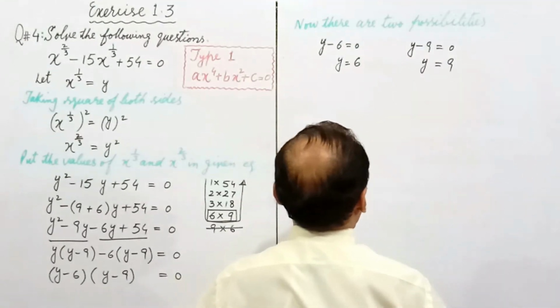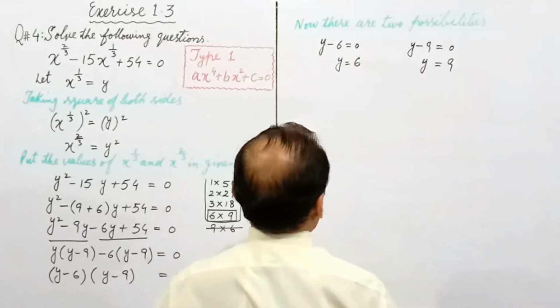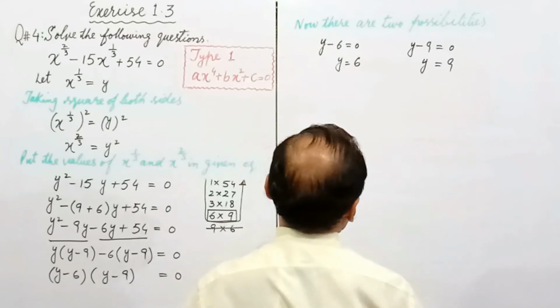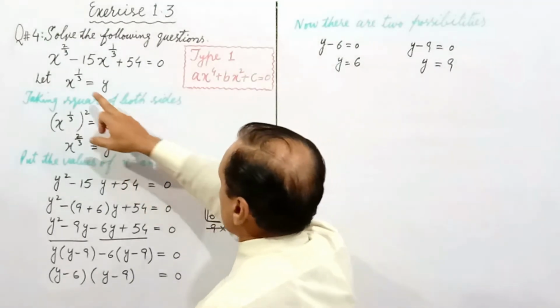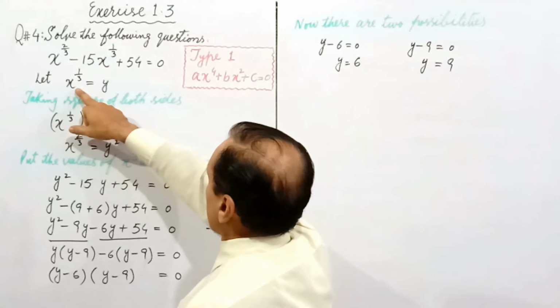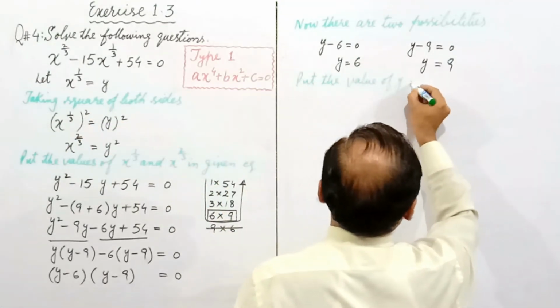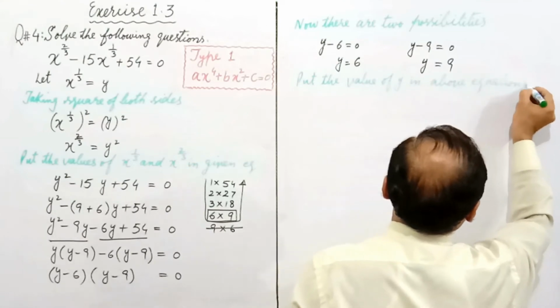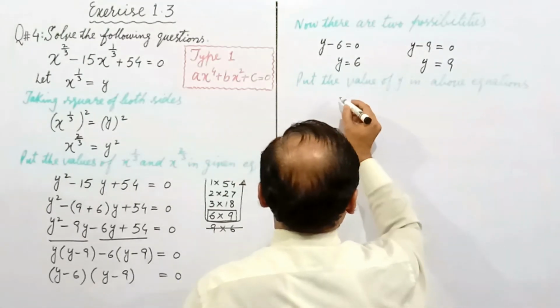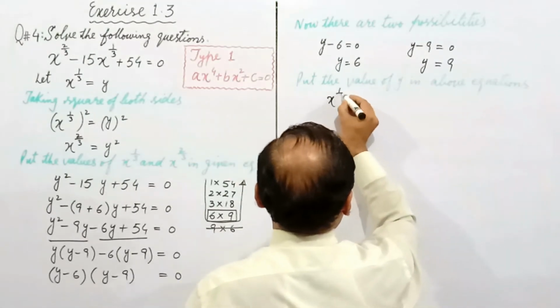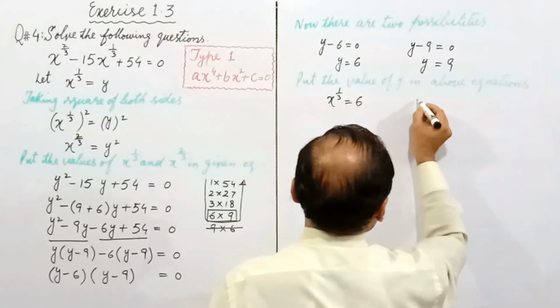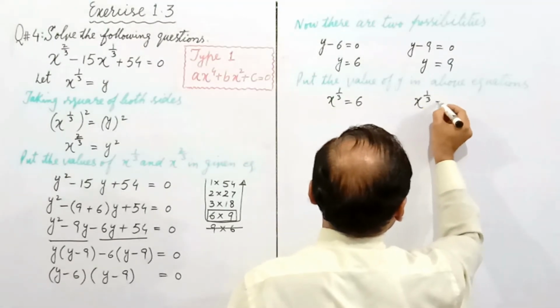As we have both values of y, now we replace the value of y with x raised to power 1 over 3. We have x raised to power 1 over 3 is equal to 6, x raised to power 1 over 3 is equal to 9.